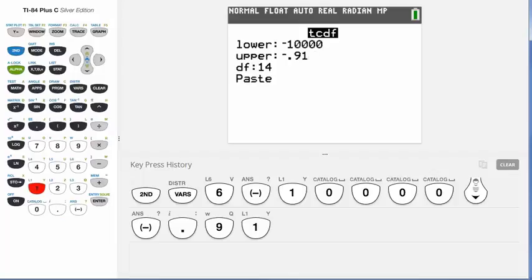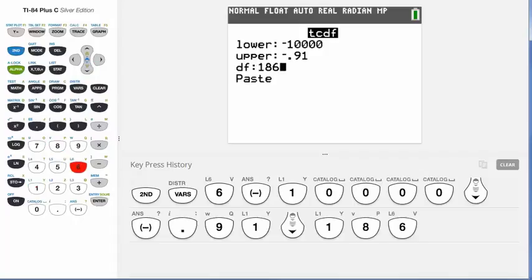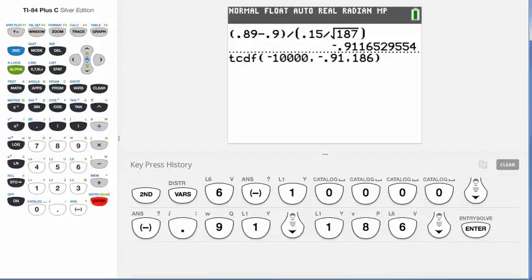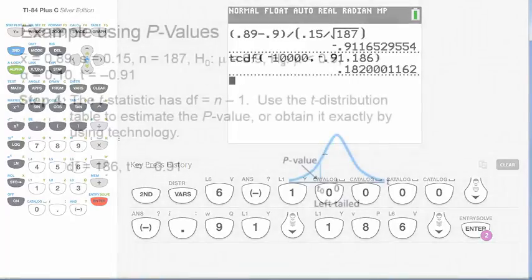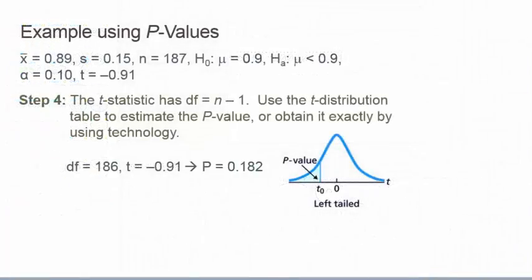Make sure you use the negative button and not the minus sign. Our degrees of freedom are 186. To enter, and my answer is 0.182. So this gives us a p-value of 0.182.